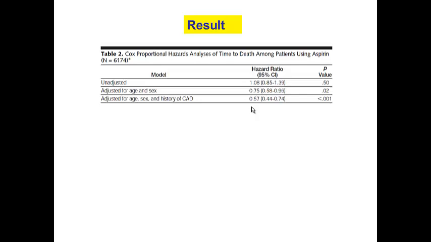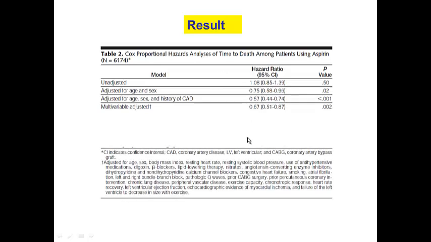So a 50% higher rate of CAD. So you're discounting that. Then the hazard ratio becomes 0.57. And if you include everything in Cox regression, the adjusted hazard ratio becomes 0.67.